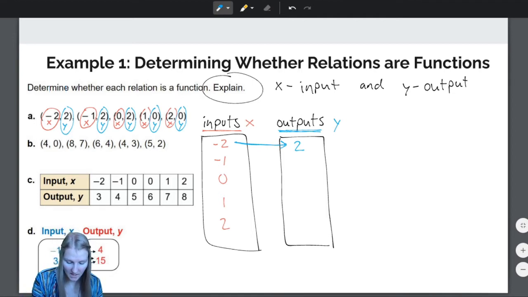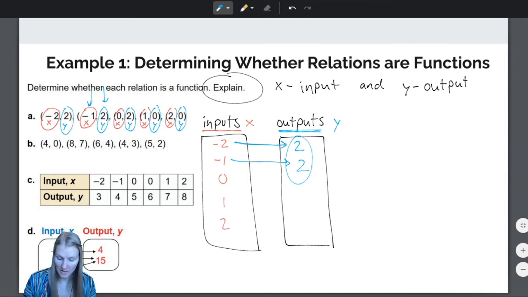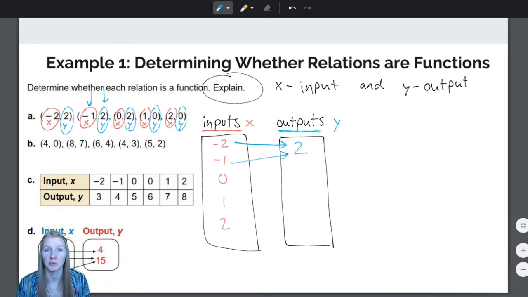Okay. Next, -1 went with 2. Oh wait, those are the same number. So how about I just put 1, 2 here, and both of them can point at the same 2. It doesn't matter if you want to draw 2 separate arrows. Doesn't matter. I think this is fewer numbers to write.